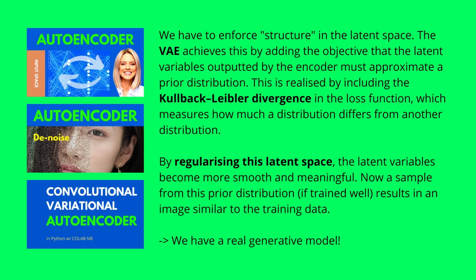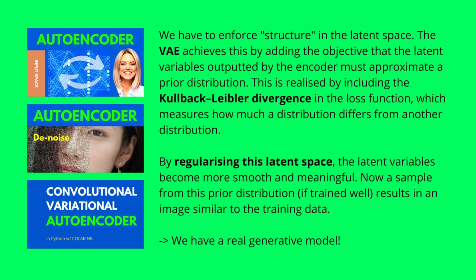And this was realized by including the Kullback-Leibler divergence, the KL-Div, in the loss function as a second term, which measures how much a distribution differs from another probability distribution. So typical statistics, how much two probability distributions differ from one another, this is done with KL-Div.